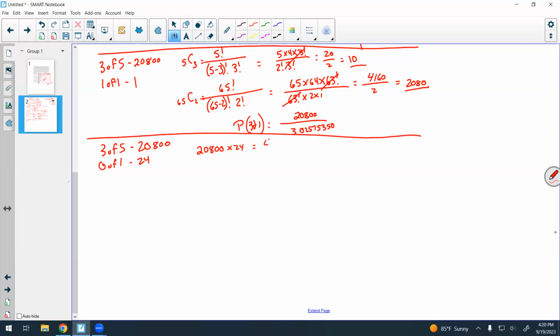And I think this is the first one that's not correct. I think the one on the list is 300 instead of 200. So my probability of 3 and 0 is 499,200 over 302,575,350.